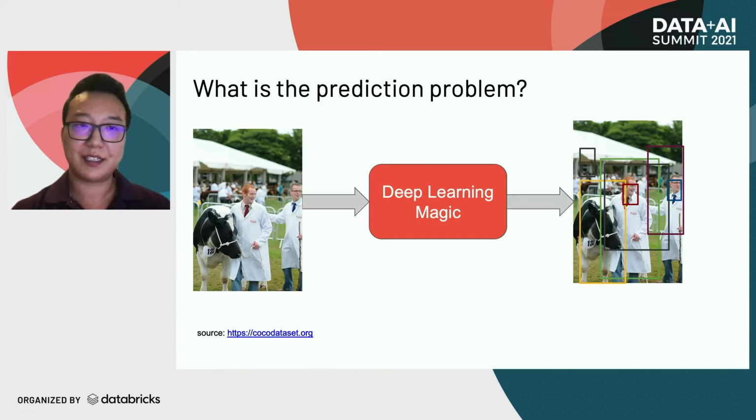So given the data, the prediction problem then is basically to take an image and then output a bunch of bounding boxes as well as associated classes for that image. So most of the approaches nowadays use deep learning models to be able to generate the predictions. And you can see here, we have a combination of large and small boxes that somewhat correspond to the actual objects in the image.